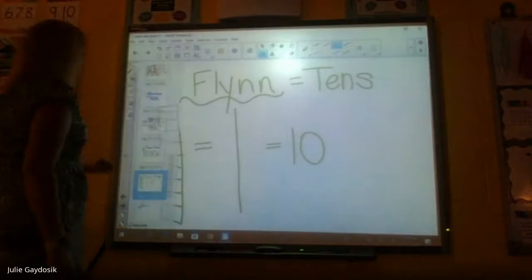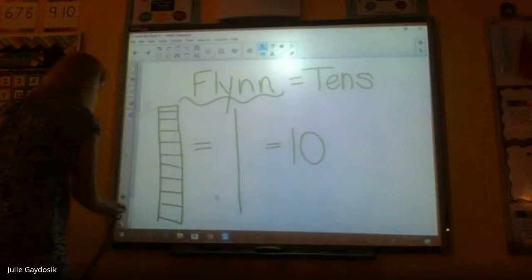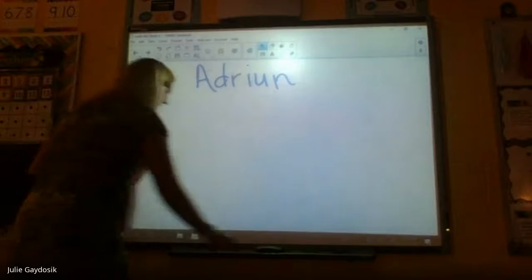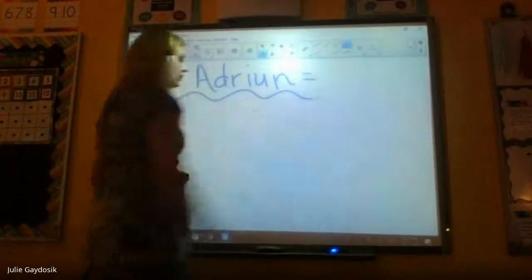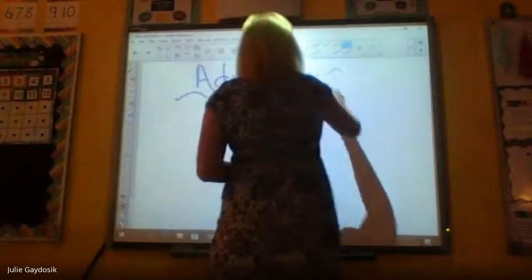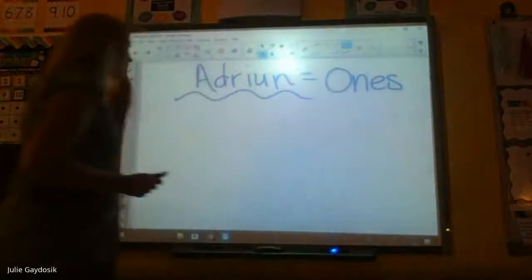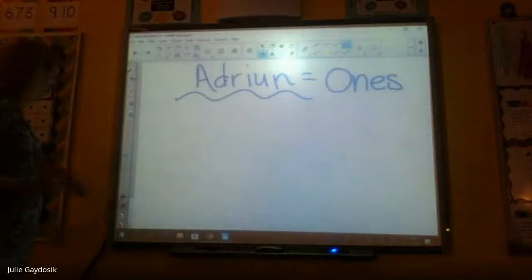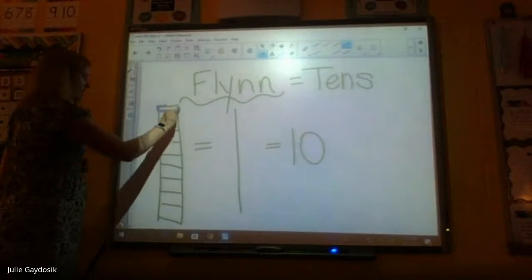All righty. Now, let's look at Adrian. And what is Adrian's value? Adrian is a ones, right? He's a ones cube. Like if you went back and looked at Flynn, Adrian is just one of these squares.